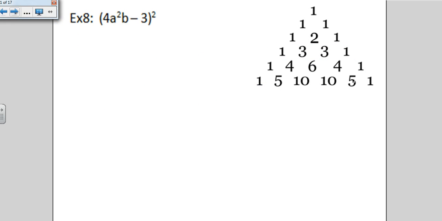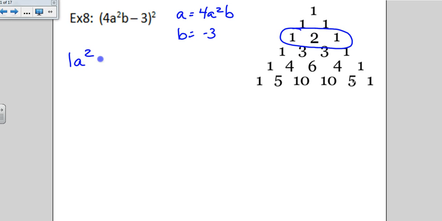Alright, and then our last example in this section. This time, the a is a 4a squared b, and the b is a little old negative 3. Now we're just taking this to the quadratic row, which is this guy. And remember, his pattern was 1a squared plus 2 times a times b plus 1b squared.